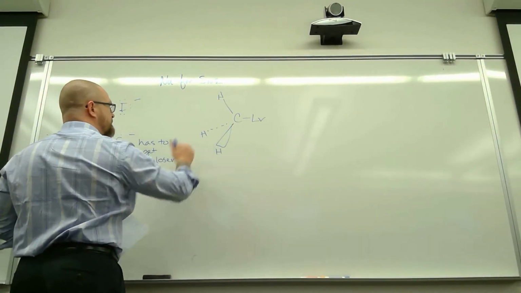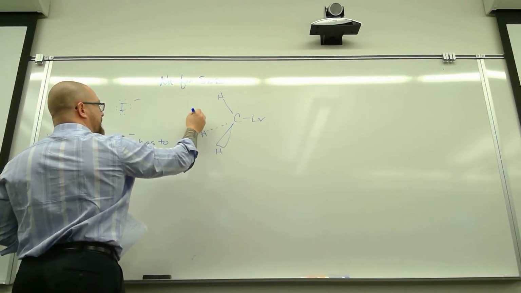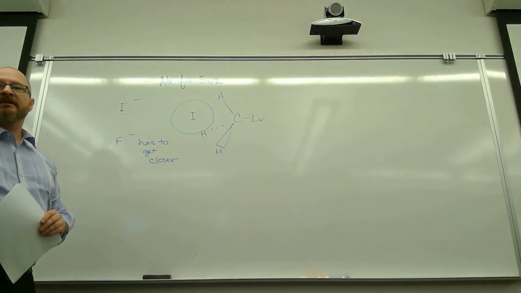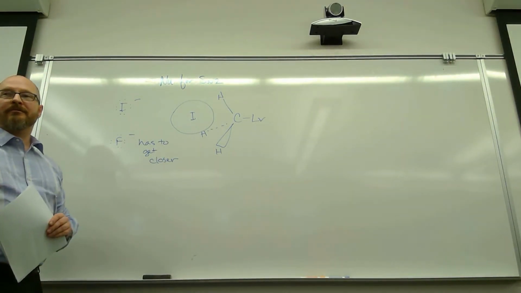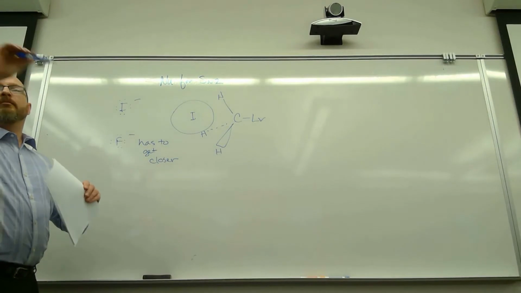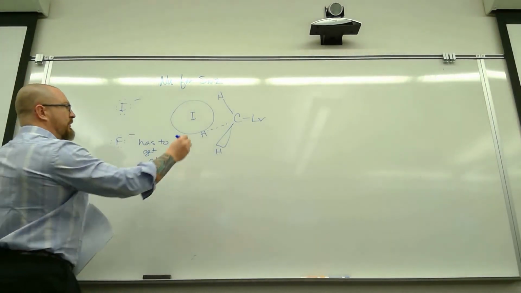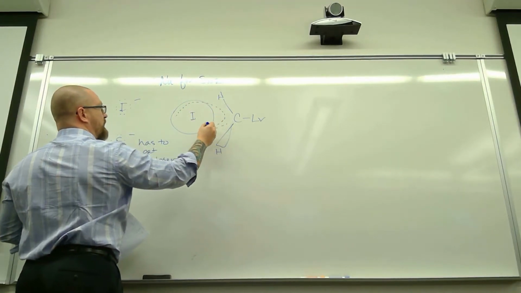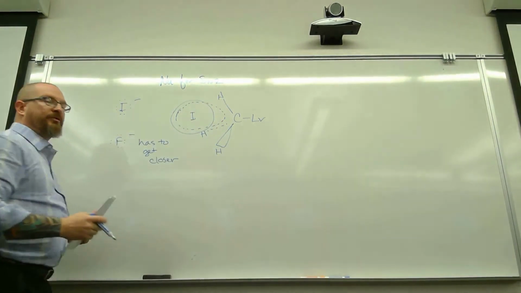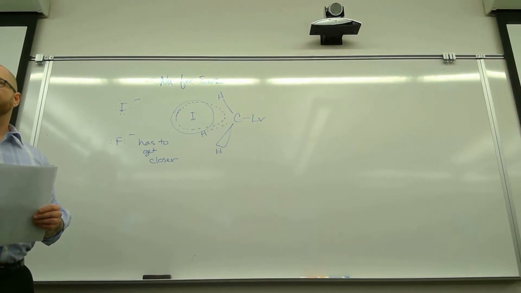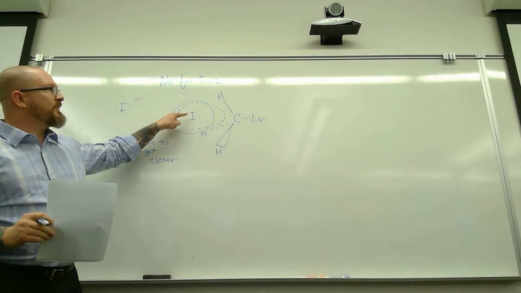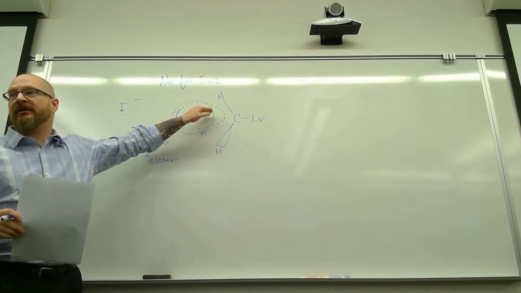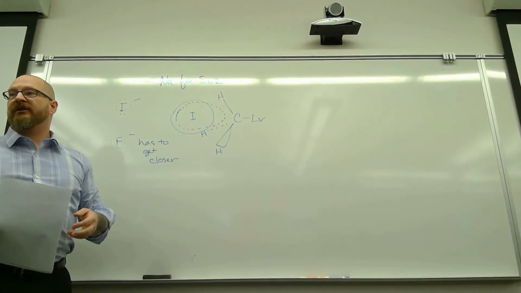Iodine is much larger, and because its electrons in its valence shell are much more distant from the nucleus, it's easier to distort those as part of the bonding process. So without the iodine nucleus getting as close to the carbon, it can initiate the reaction just by virtue of distortion of its electron cloud.